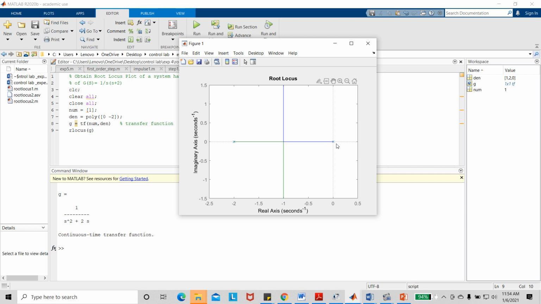In this figure, at k = 0, the pole exists. Means at this point, the value of gain k is 0. And as we increase k, the position of the pole changes.